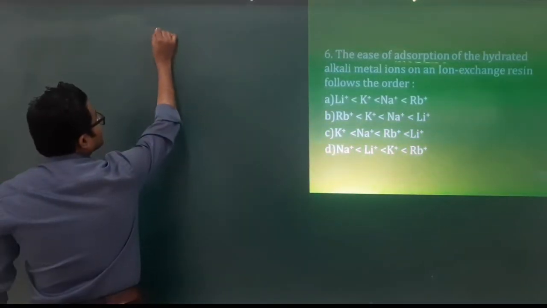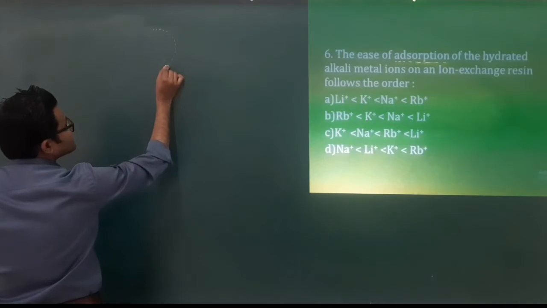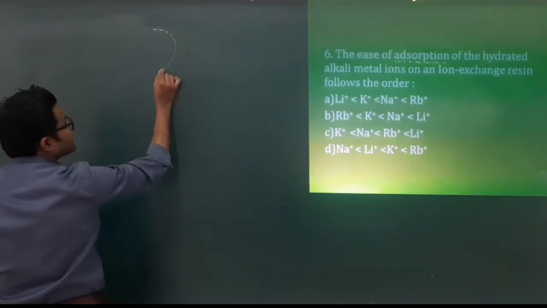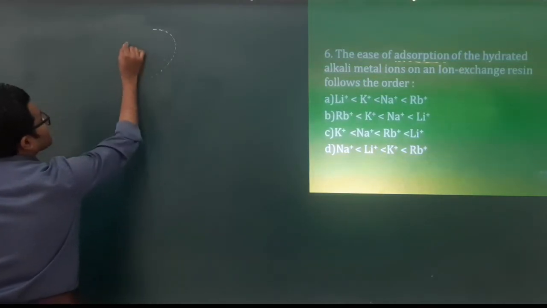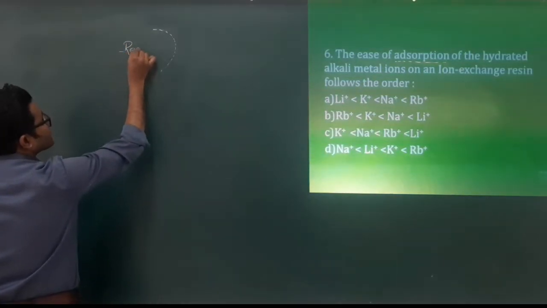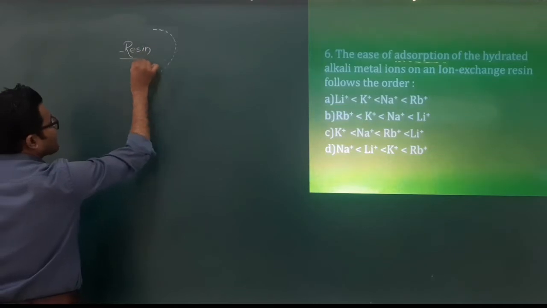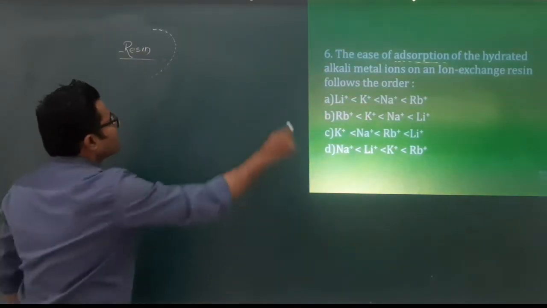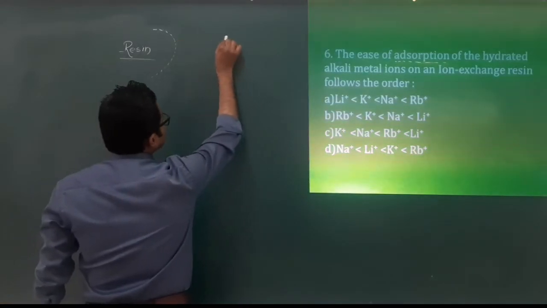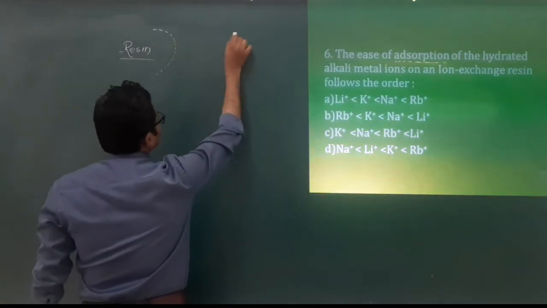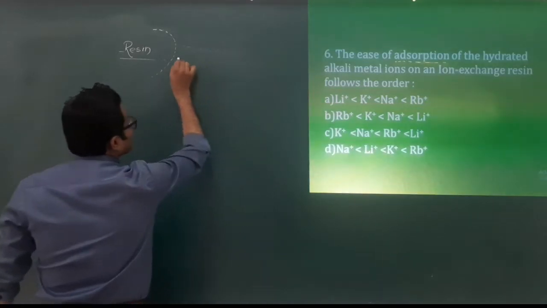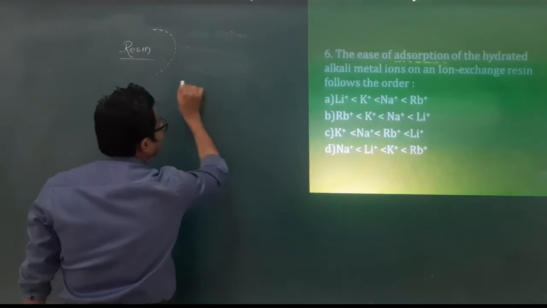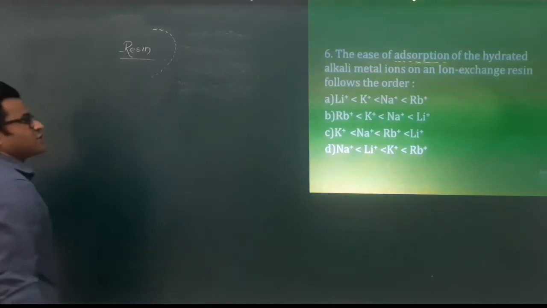In order to understand that, let's say this is nothing more than the surface of a sphere of the ion exchange resin. It has an ion in it. Now, this, on the other hand, is your entire liquid area, wherein you have different types of ions which have to be exchanged.